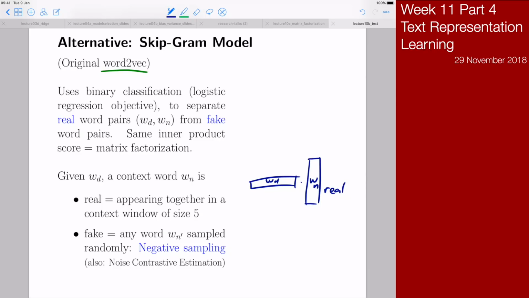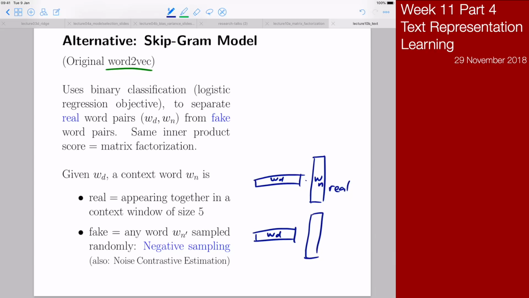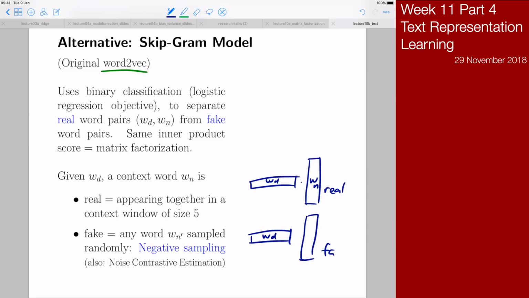This is for a real word appearing together with this word, and then we can also do the same thing for our word D with any arbitrary word. This is like a fake word. So here is word N prime, that's just another word. This is any random word, so probably it never appears together with the one we care about.